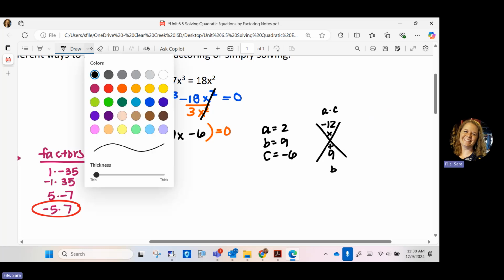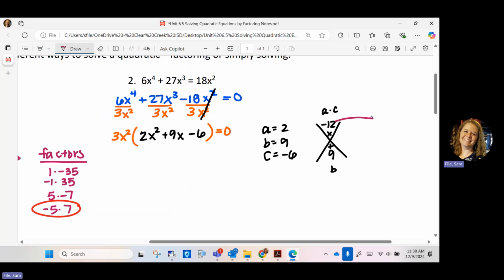So again, you can list your factors of negative 12 to the side if you need to. That could be 1 and negative 12, negative 1 and positive 12. Could be 2 and negative 6, negative 2 and positive 6, or it could be 3 and negative 4, or negative 3 and positive 4.